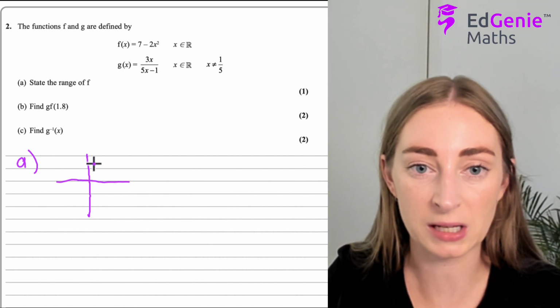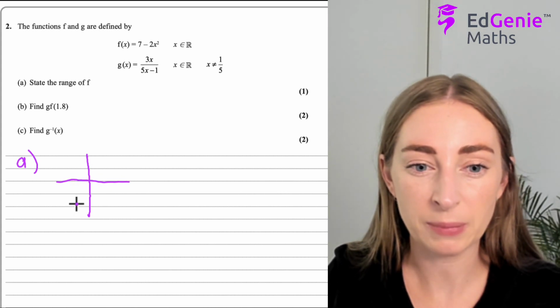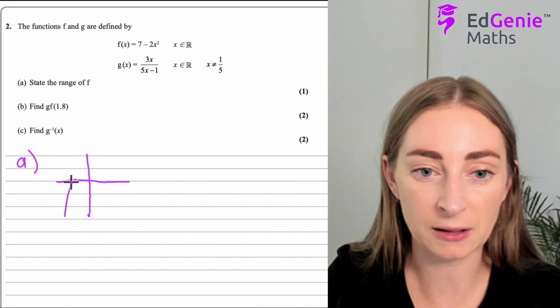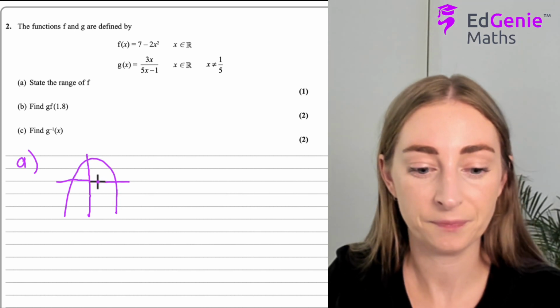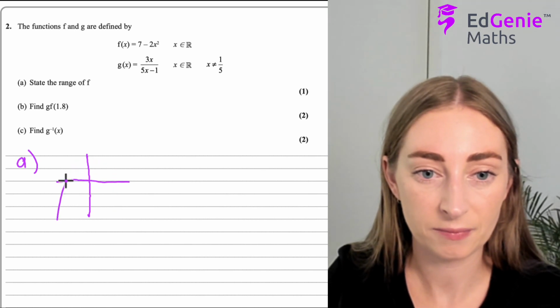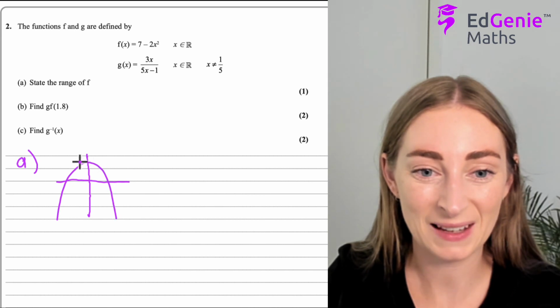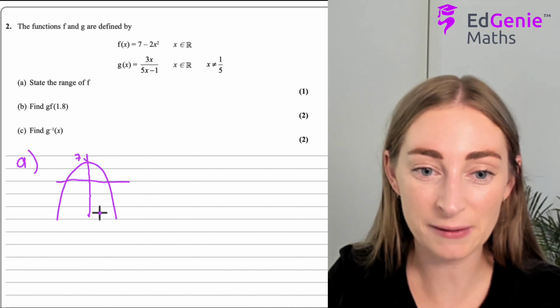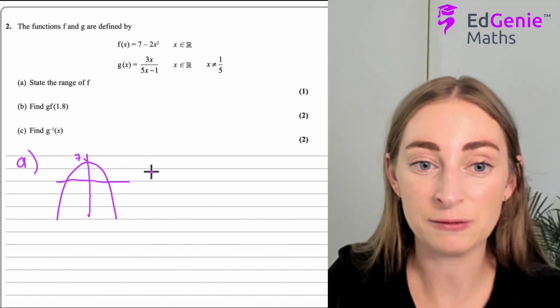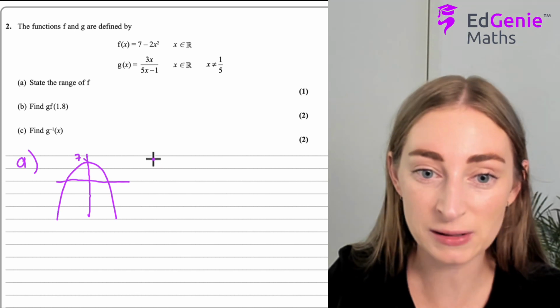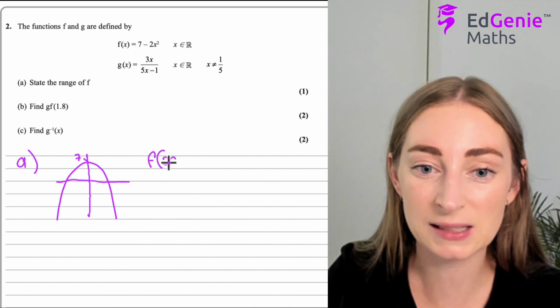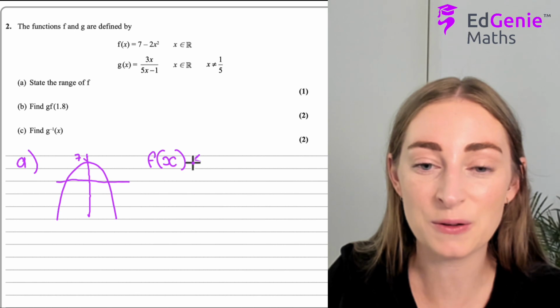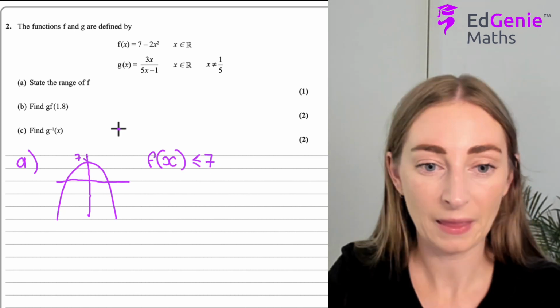It will be this kind of shape. But we're doing plus 7. So it's going to go like this, like that, and it's going to cross at 7. So that means that the range of f, so the values it can take, f of x, is going to be less than or equal to 7.